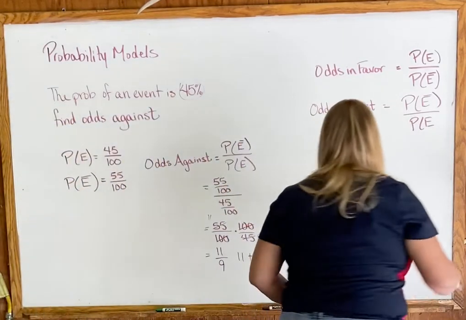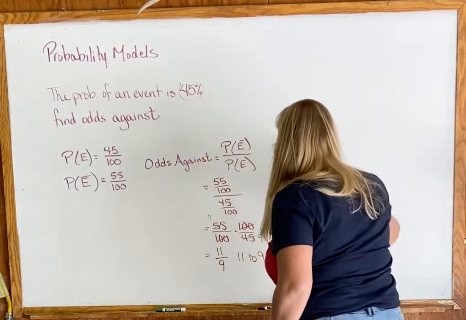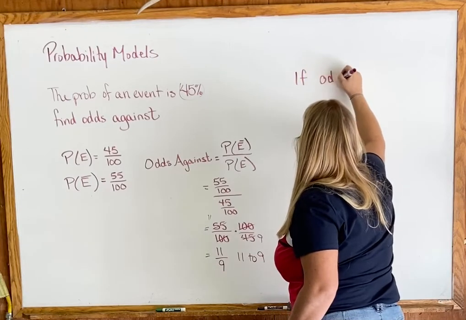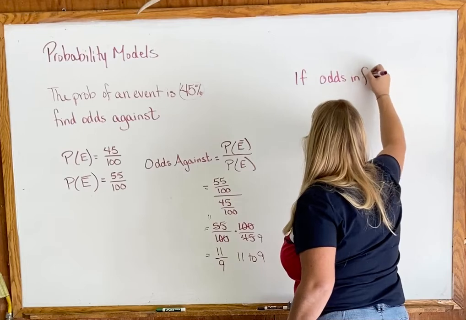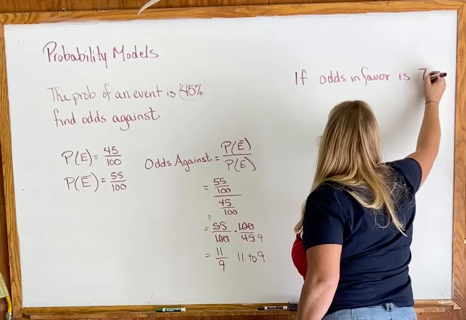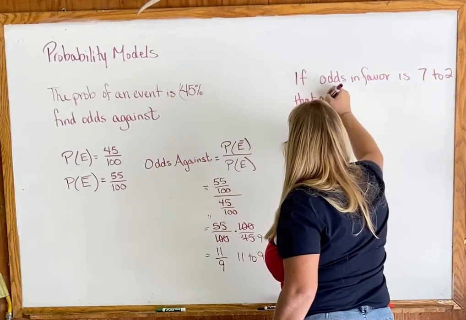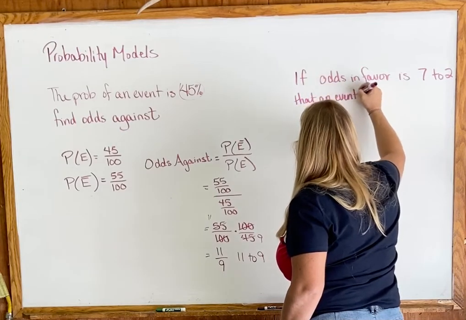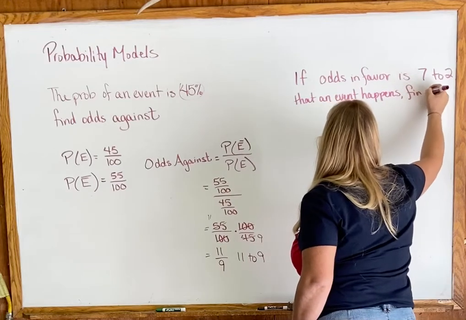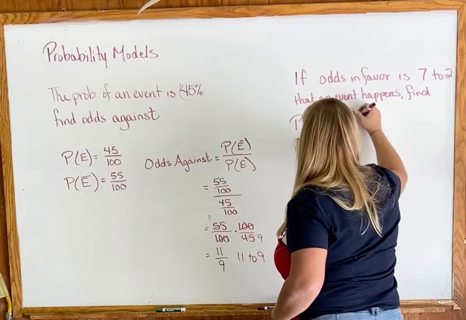So what do we have next here? If odds in favor are 7 to 2 that an event happens, find the probability of the event.